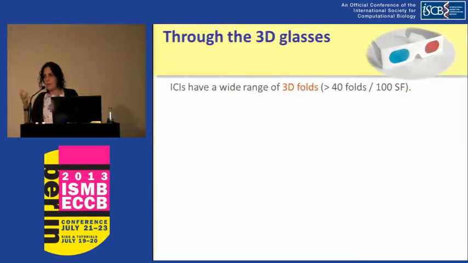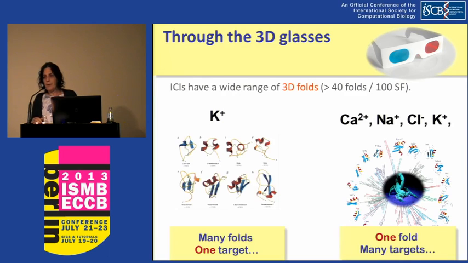What about the structural point of view? Indeed, it is known that all those ICIs, or ion channel inhibitors, share many, maybe 100 superfamilies and somewhat more than that. However, there is something very puzzling again from the structural point of view. On the left, you can see that there are many folds that will hit one target, in this case a potassium channel.